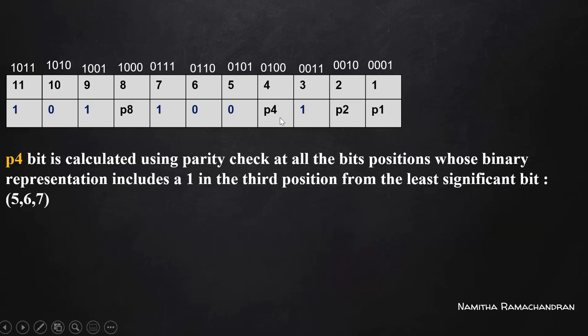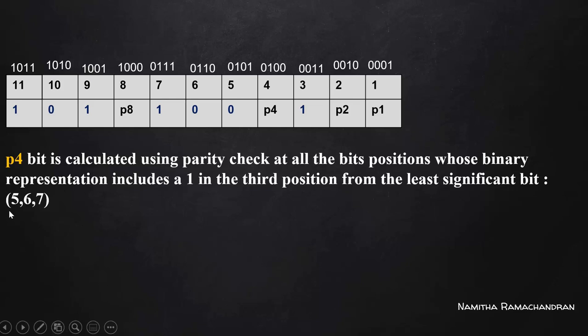Okay, next we are going to set value for our next parity bit, that is this P4. For setting value for this P4, we need to consider the positions whose binary representation contains 1 in its third least significant position. So what are the positions? Here we have third least significant bit with value 1. Here also, here also.